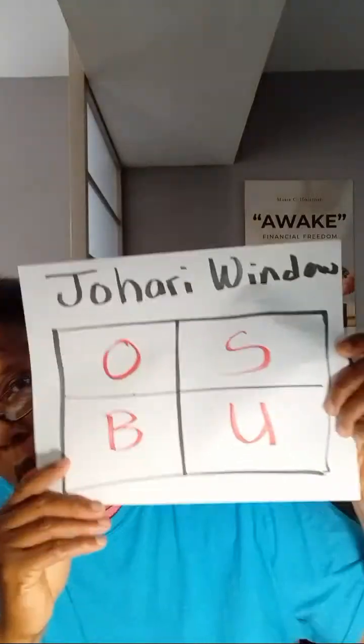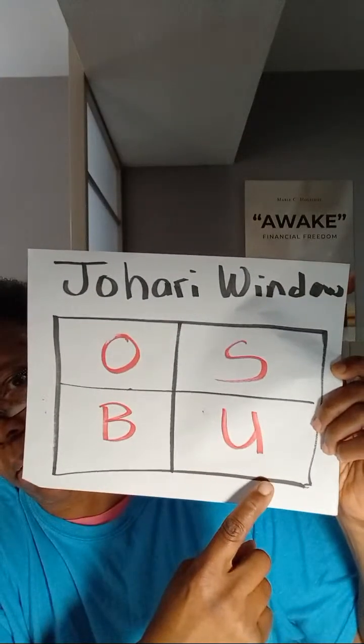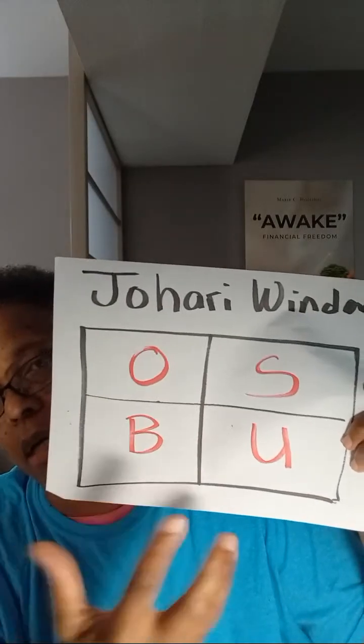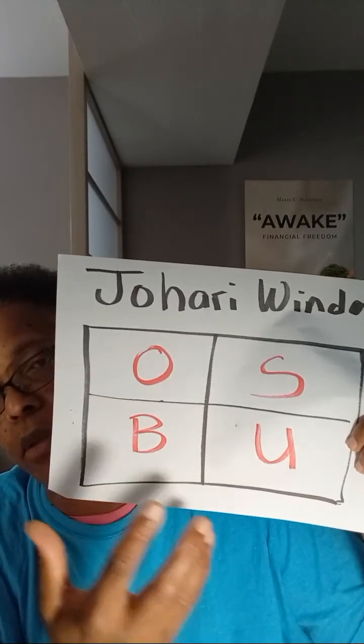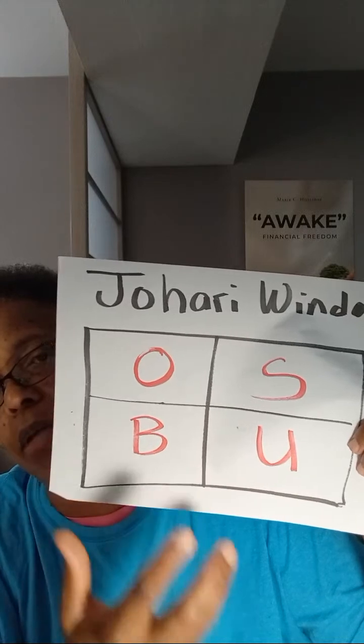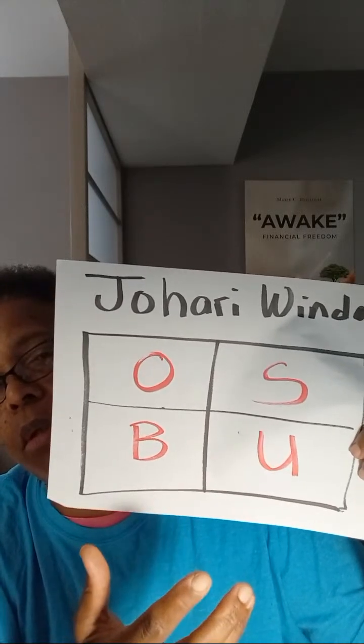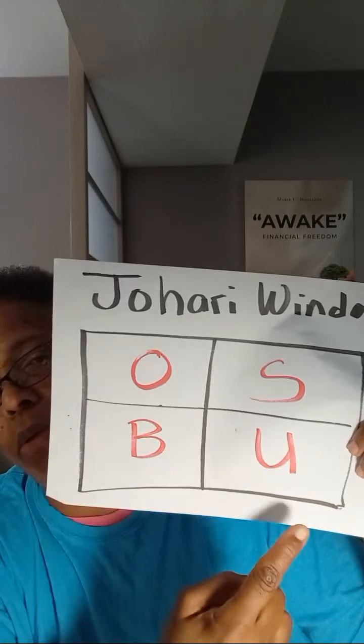That's why they call it the unknown area of the Johari window. The concept of this window, when I talk about it at the end, ties into building healthy relationships.